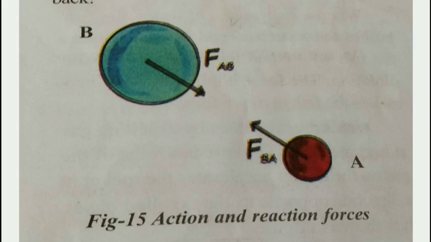That means the forces on the spring balances which we have seen in the previous slide are equal, but the directions are different. In the same way, on these two objects also, the force will be equal in magnitude, but in opposite direction.